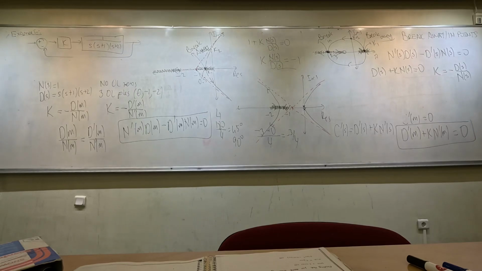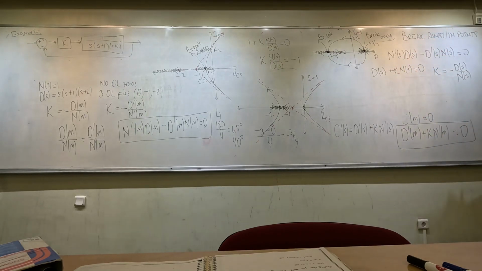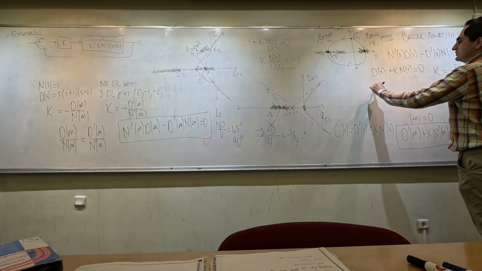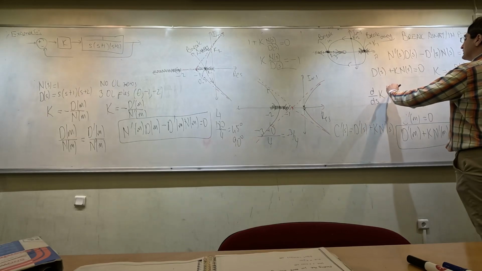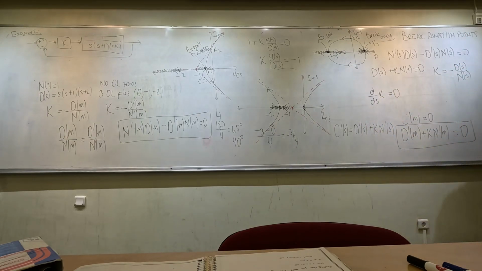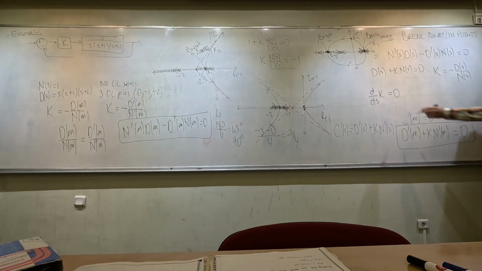Just to characterize this equation, people would write d over ds of k is equal to 0. Okay? Do not try to extract a meaning from this equation. Because here k is a parameter independent of s. They are only dependent through this equation here.